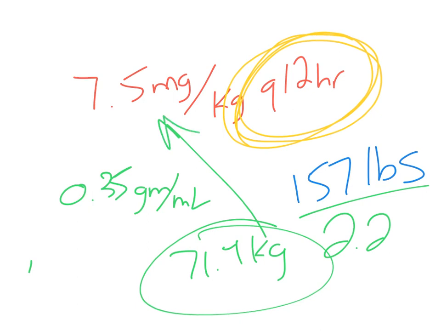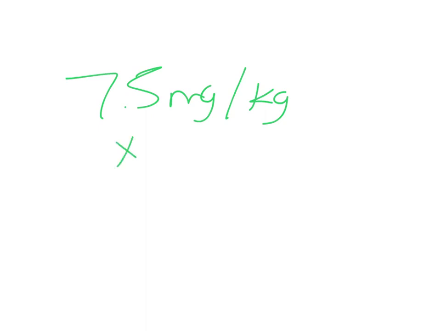Okay, let me clear this out for a second here, just to make this a little bit clearer. So again, the order dose was 7.5 milligrams for every kilogram of weight every 12 hours. Our patient, who weighs 71.4, we're going to take that and we're going to multiply 71.4 to see exactly what our patient needs.